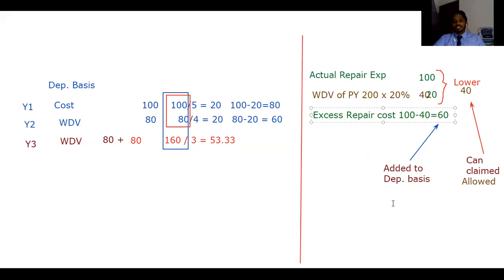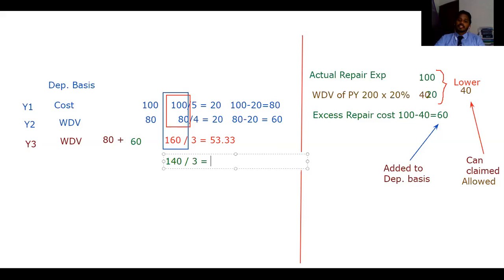Then this 60, you need to add here to the depreciation basis, then the amount will be changed accordingly. 60 plus 80, altogether 140. Then that amount divided by 3 is the depreciation charge to the P&L.